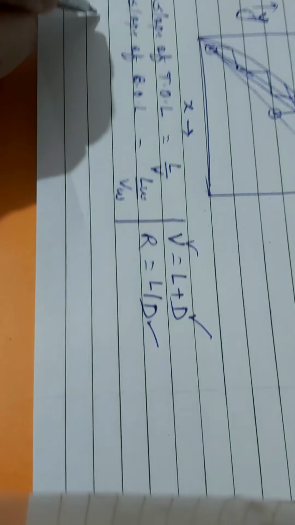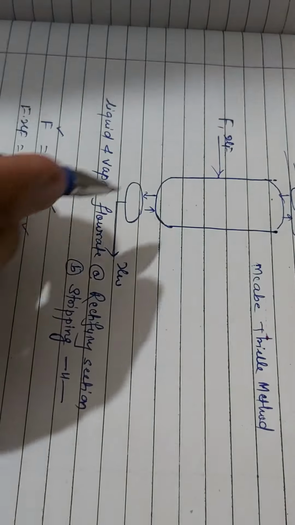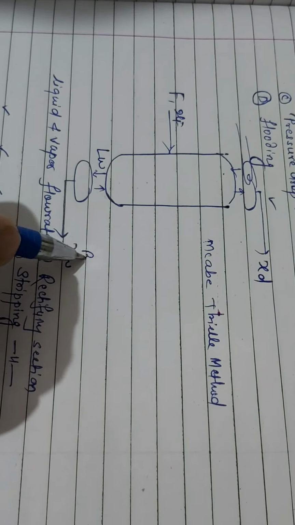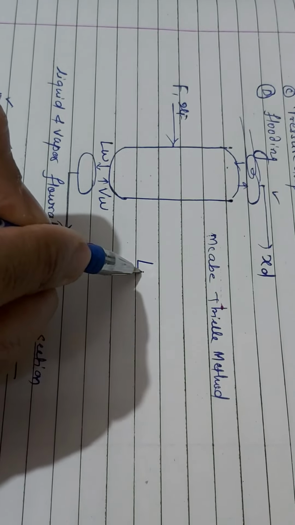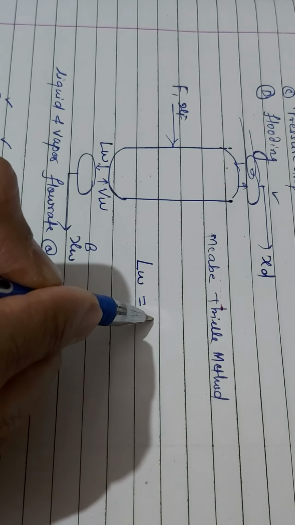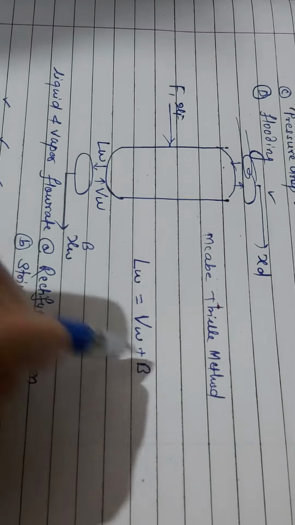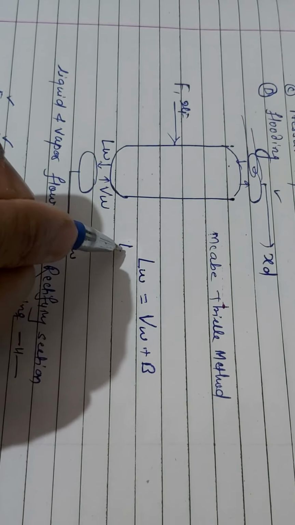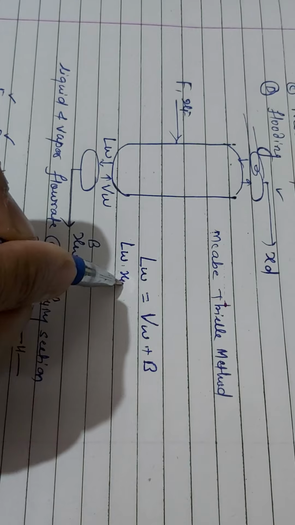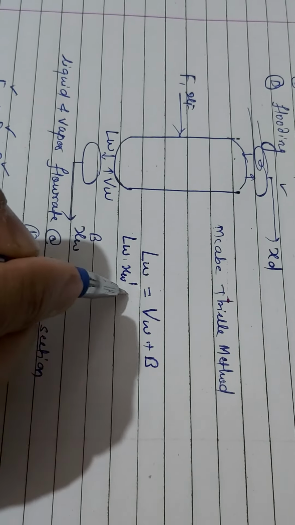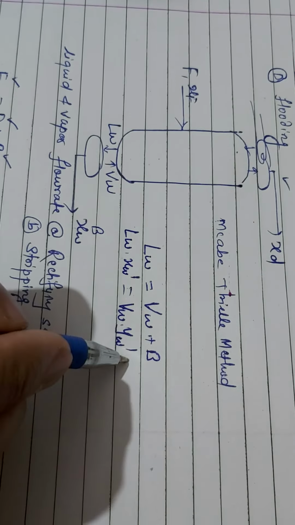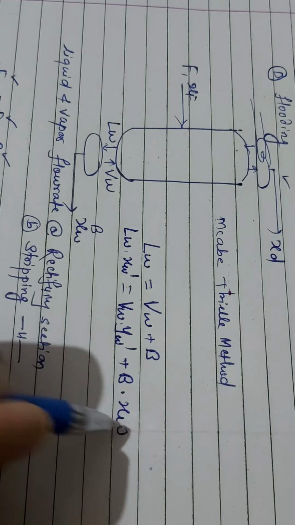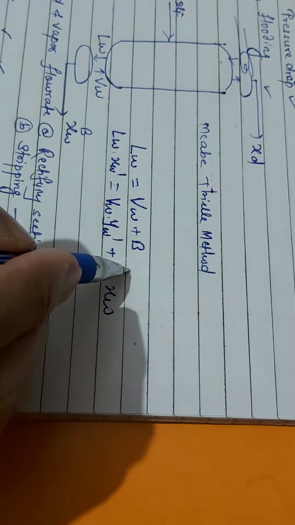Whereas at the bottom, if you look at this, this is LW, this is B, and this is VW. So the balance is: what is coming in is LW, and what is going out is VW and B. If you look at the component balance, it is LW XW' equals VW YW' plus B into XW. I write XW' because this and XW are different. So what is known here? B is known.